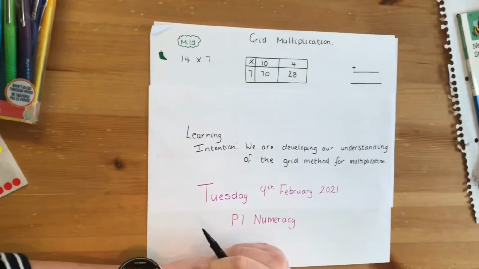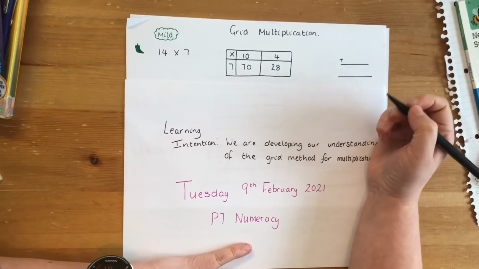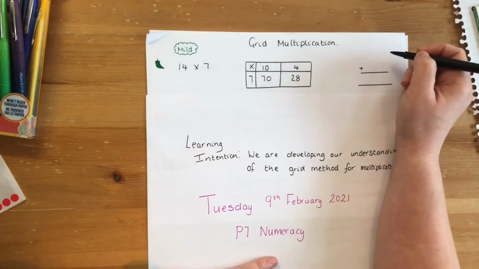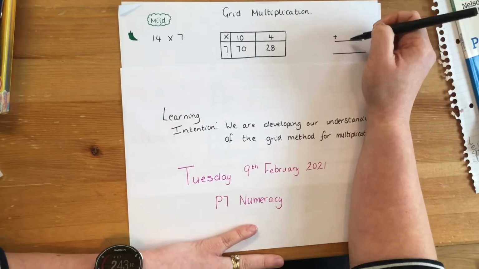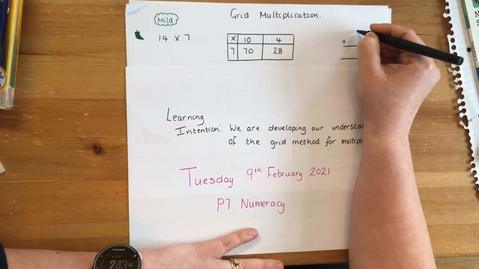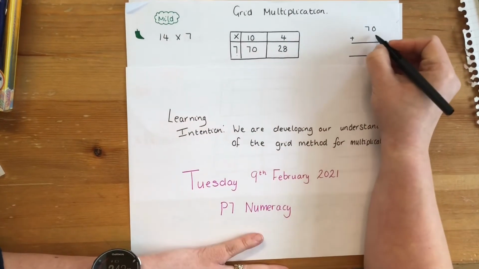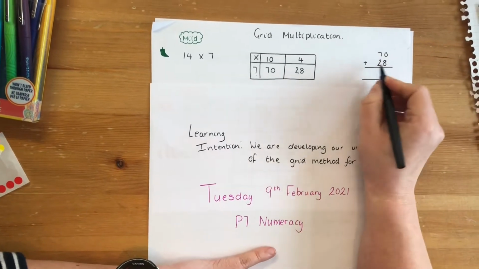What we then need to do is add these numbers together. So we've got our chimney sum over here. Again, it's really important when we're adding our numbers together to make sure that our numbers are lined up correctly in their columns. So I'm going to write my 70, and then I've got to make sure that my 28 is lined up in my tens and units.